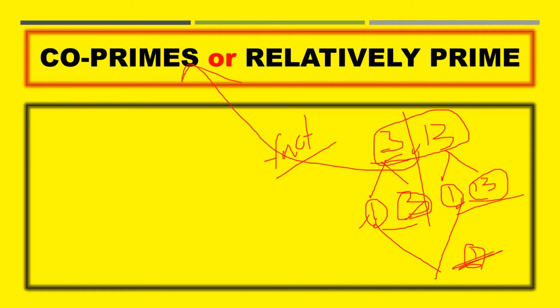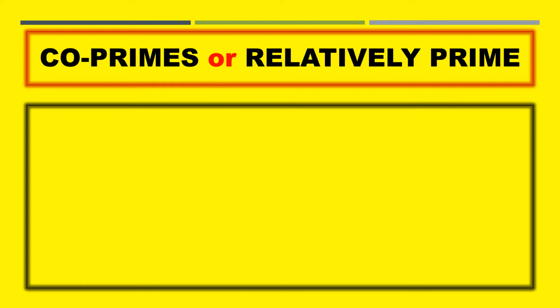Let me take one more example. No need to take only prime numbers; you can take composite numbers also. Suppose I take 4 and 9. Both are composite numbers, because both have more than 2 factors. The factors of 4 are 1, 2 and 4. The factors of 9 are 1, 3 and 9, as it comes in the 3 table also.